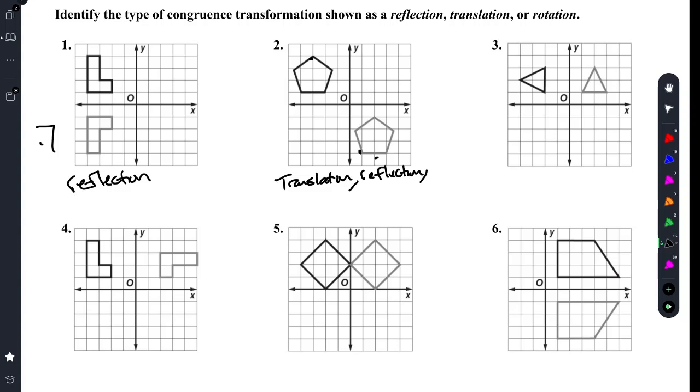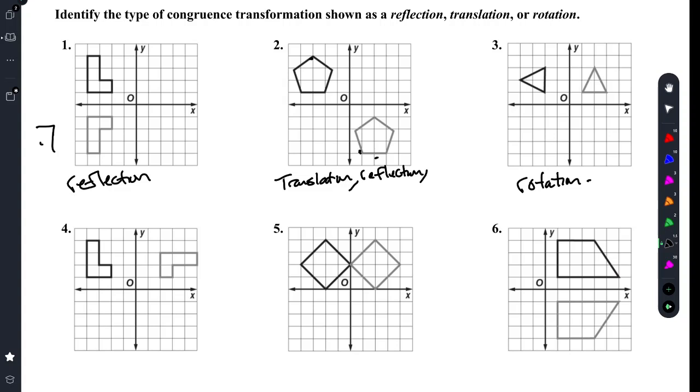3? Is that a reflection on 3? Over what? All right, for sure that's a rotation. And I don't think it's anything else. It's definitely not a translation. Isn't it?